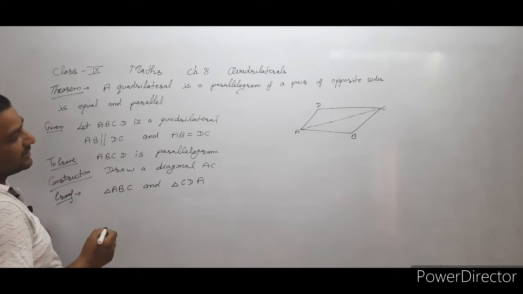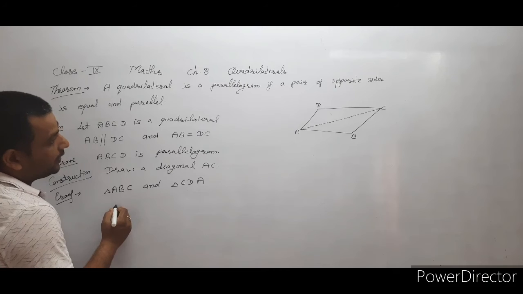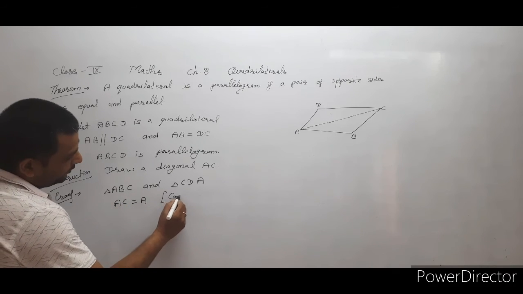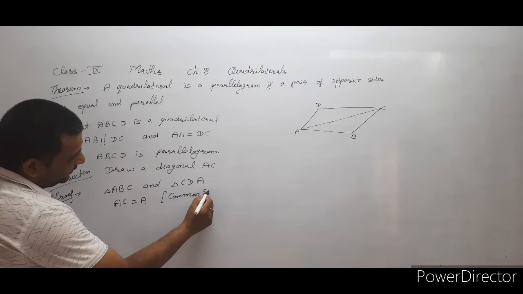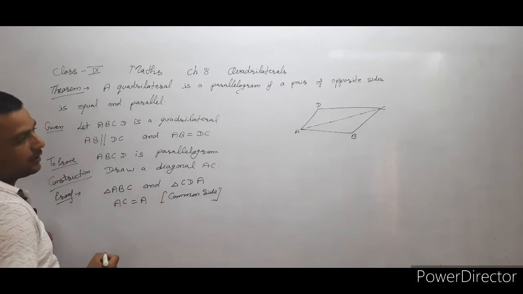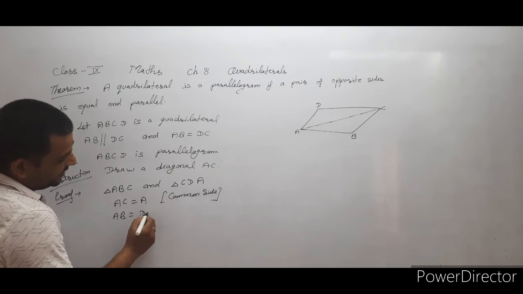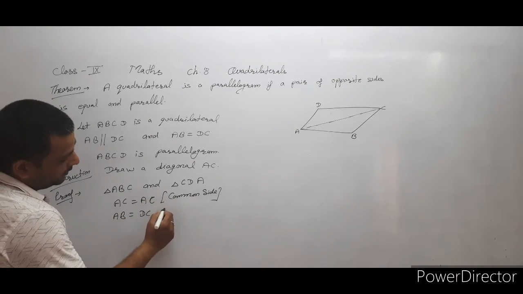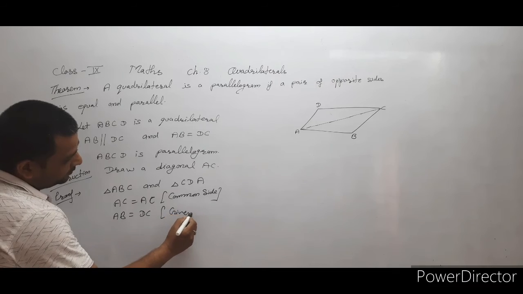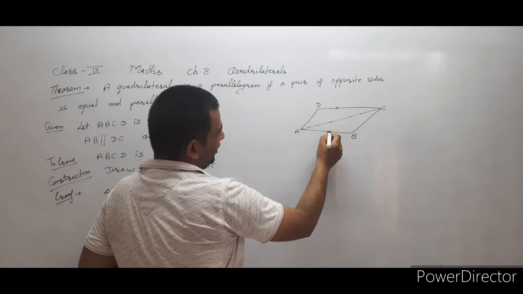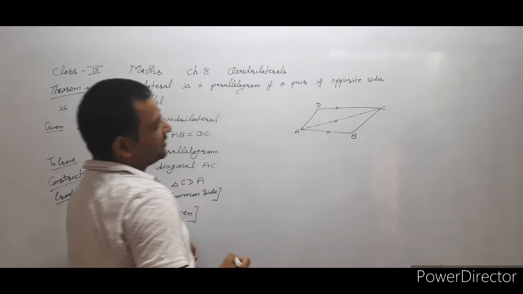In these two triangles, AC equals AC, common side. AB equals DC, it's given. These two sides are equal and this is a common side.